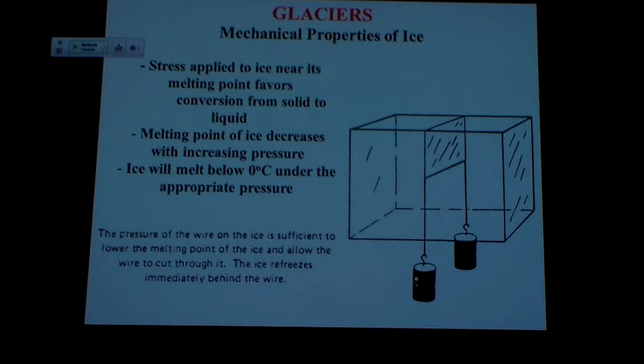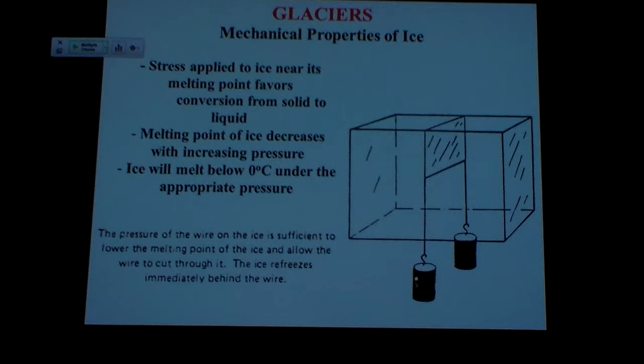Because of the weight pulling that string onto the ice, little by little, that increased pressure under that string has started to melt the ice ion by ion by ion. And each little molecule of H2O makes its way up around the string. And once it's on top of the string, the pressure's decreased, isn't it?